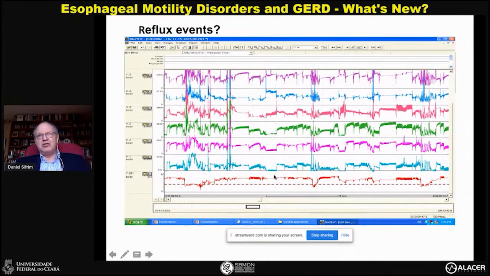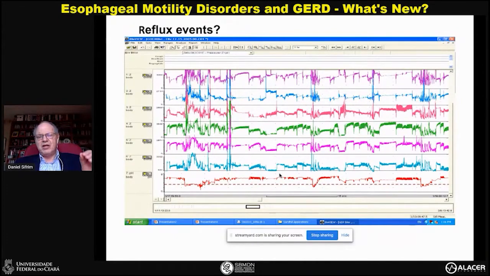I am giving this as an extreme example, but the practical use is that when we are performing a test, we need to look at the meal periods and make sure that the meal periods marked in the recording correspond with the timing of the meals, drinking and swallowing, because many times the patient does not push the event marker properly, and many times part of the acid exposure is due to wrongly established limits of the meal period.